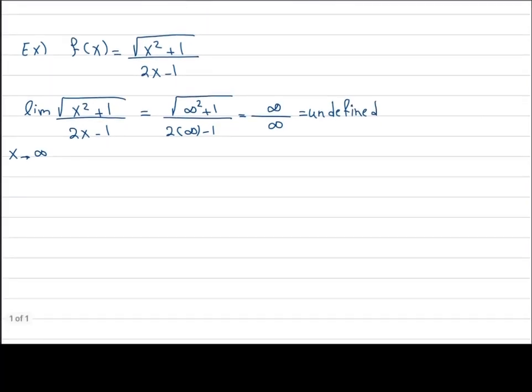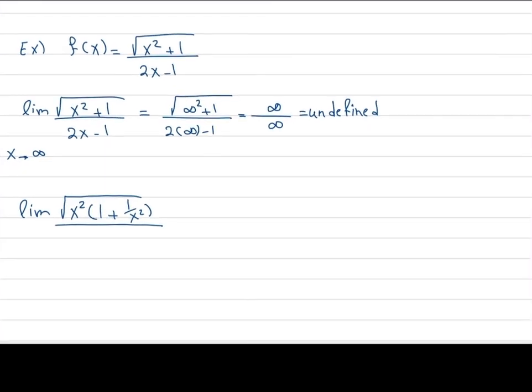So to find the solution for this limit, I am going to factor x squared under the square root. So it's going to be x squared times 1 plus 1 over x squared. And then for the denominator, I'm going to factor out x. So 2 minus 1 over x as x approaches infinity.